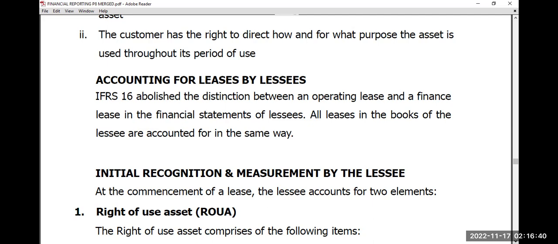We are going to look at how the lessee is going to account for the assets they have leased, and also how we account for the lease in the books of the lessor, the person giving out the right to another person. But our main focus, as far as the standard is concerned, is the books of the lessee. That's the person who is actually acquiring the right to use the asset.